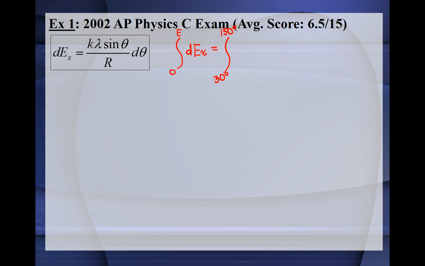Okay, we're going to integrate this equation. So we have K times lambda times sine of theta, divided by R, and we're going to integrate that with respect to theta. Oops, just made a slight error there, so let me quickly erase that.